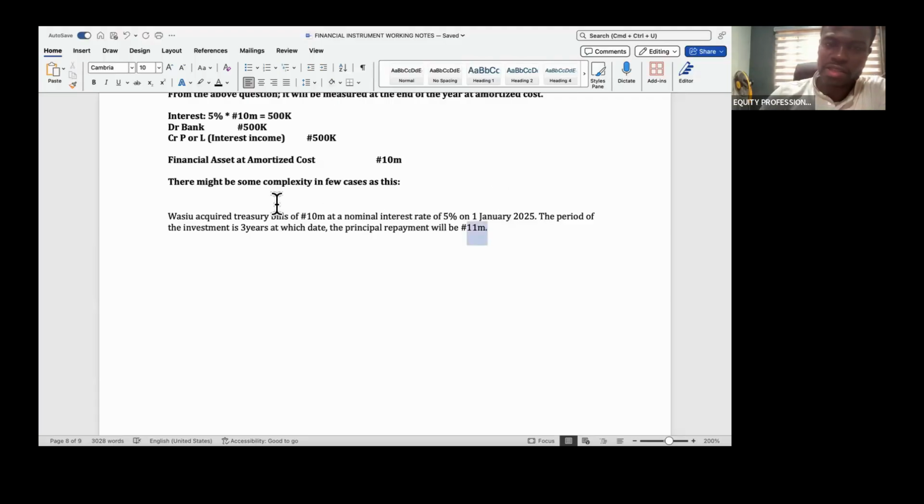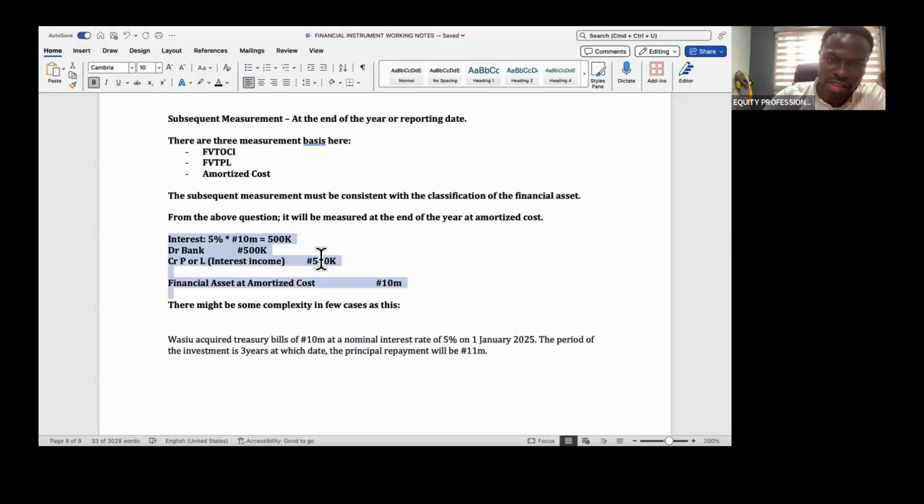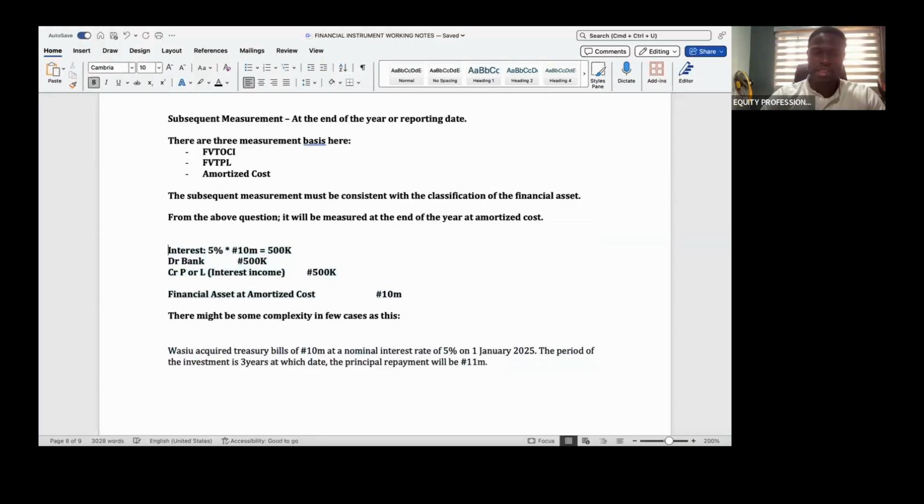Now, this one is quite different from the first one I showed you. In that one, from year 1 to year 3, you will be recognizing interest of 500,000 every year in your P&L, such that at the end of the entire 3-year cycle, you will have made 1.5 million interest.